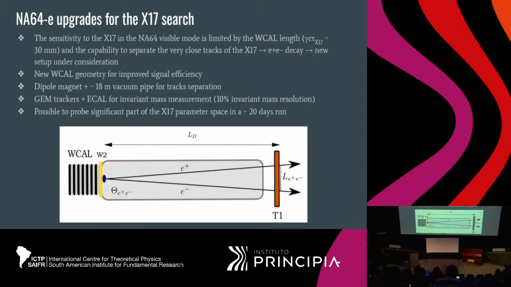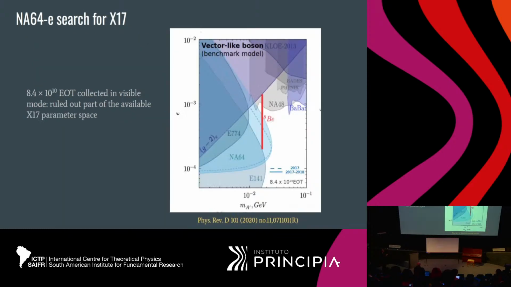So there were also ideas on how to cover the last remaining part of the parameter space. The reason the limit stops here is not a matter of statistics but, as for all beam dumps, a matter of the lifetime of the particle.